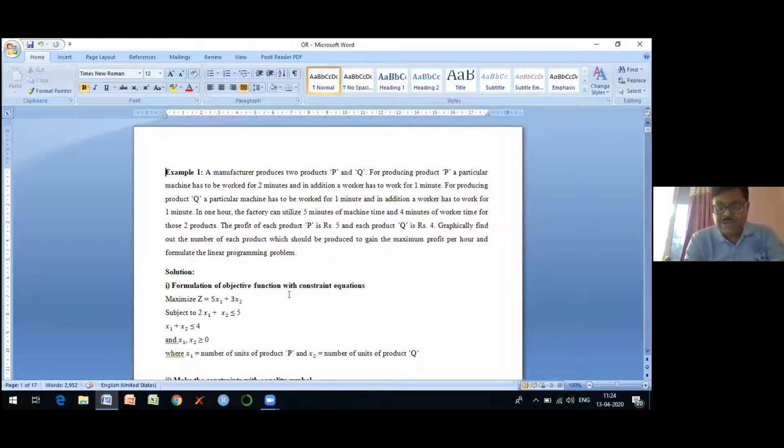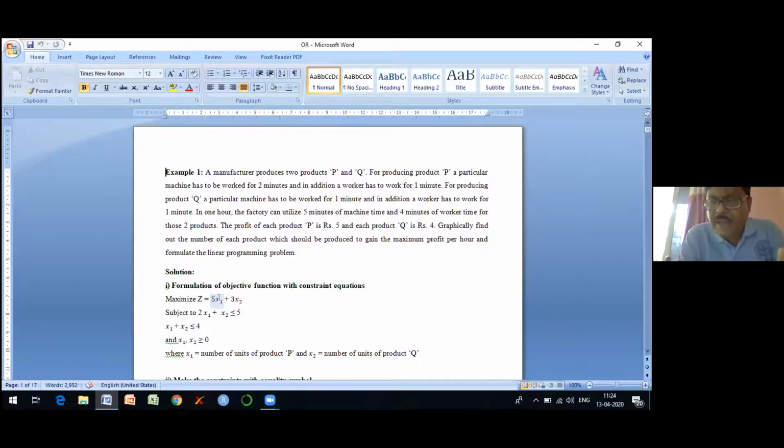right? So per 1 unit of X1, so per unit of P, you are gaining a profit of ₹5. So if we produce X1 quantity of P, then the total profit from your first product P will be equal to 5x1, because you are producing X1 quantity of P. So for 1 quantity of P, your profit is 5.